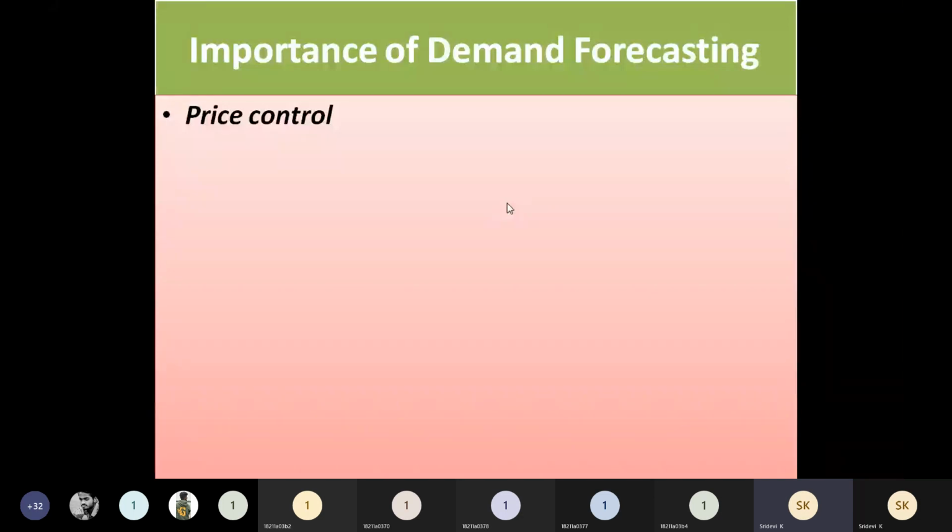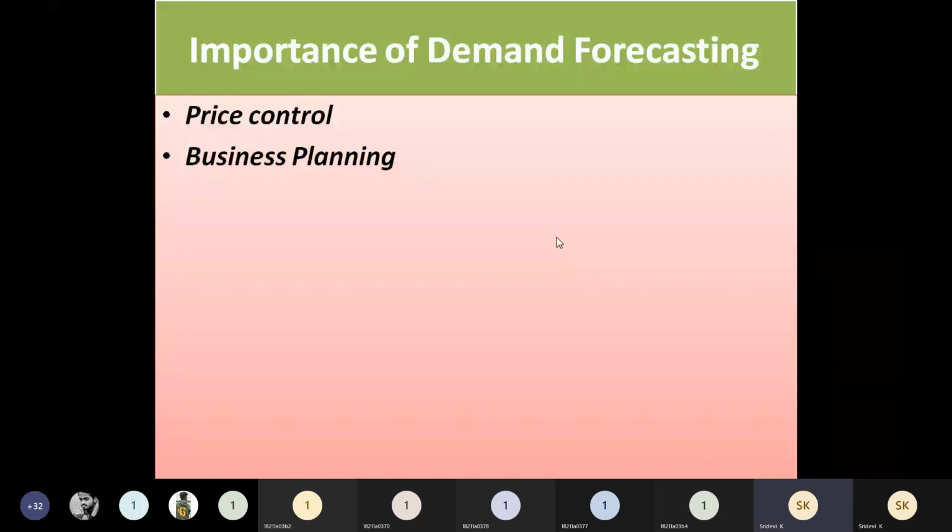If you feel that demand is going to be affected, that it will suddenly reduce for the product, and you come to know that by forecasting, you can control your price. You can reduce it to some extent. So either increasing or decreasing the price can be done, if you know how the future sales will be.